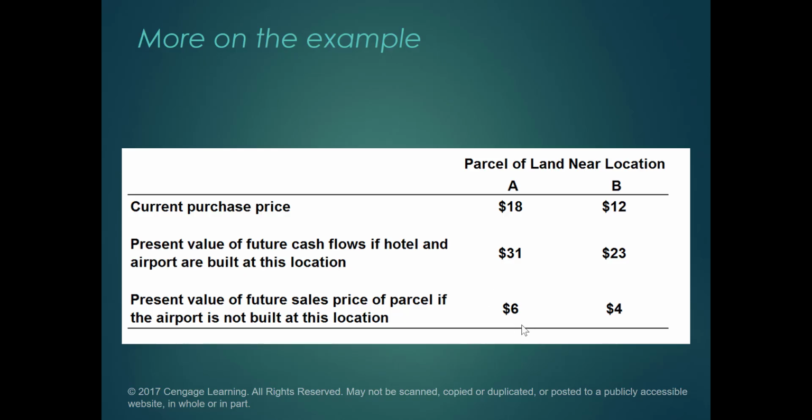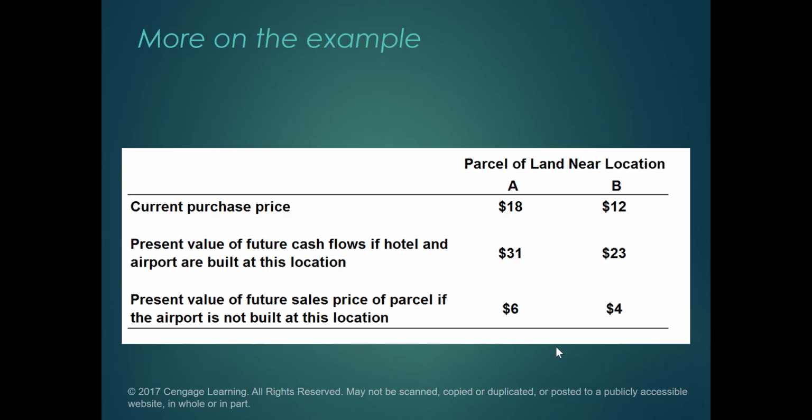But if the airport is not built at the location, then the value of the land is going to be 6 million at location A and 4 million at location B. So the last row represents what happens if they make a wrong decision: the final value of the sales price is going to be this much.